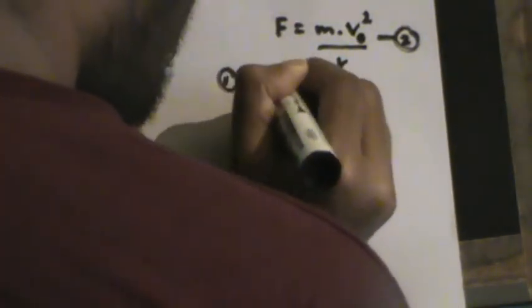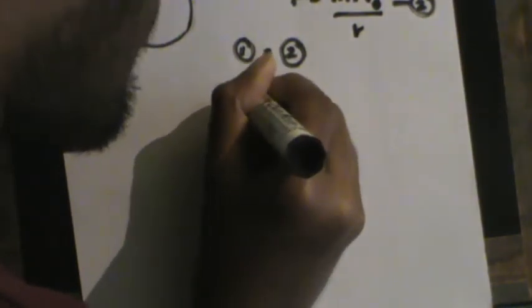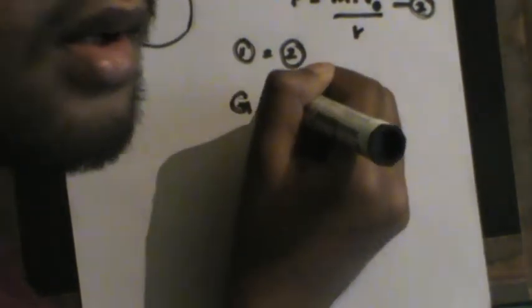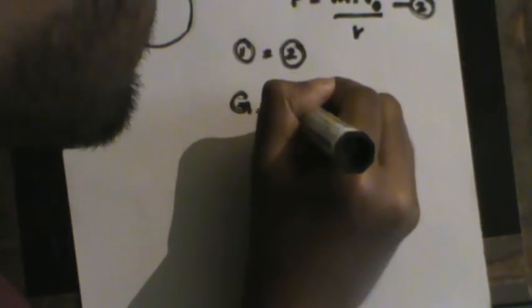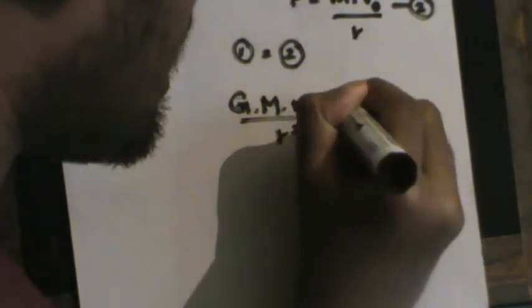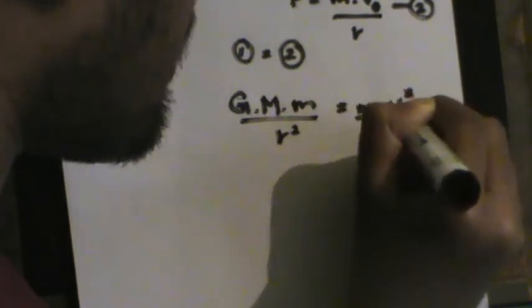right? So if I take this to be equation 1 and this to be equation 2, you can equate these two, 1 and 2, because the left hand sides are equal. So what you can say is that the right hand side should also be equal. So G times capital M times small m divided by r squared is equal to m times v naught squared divided by r.